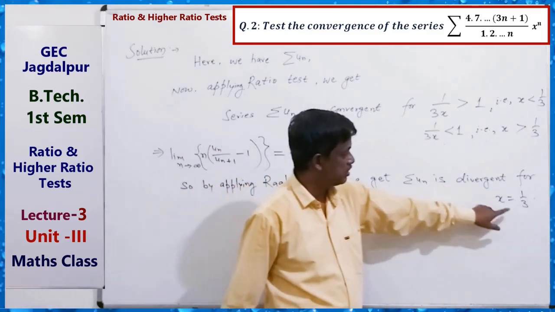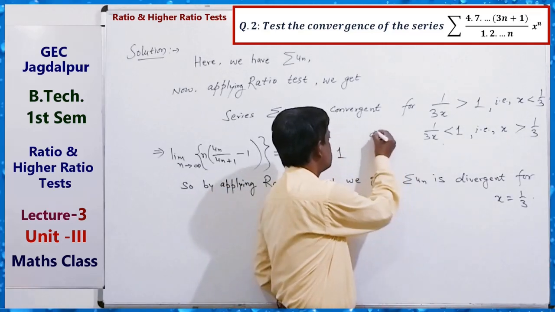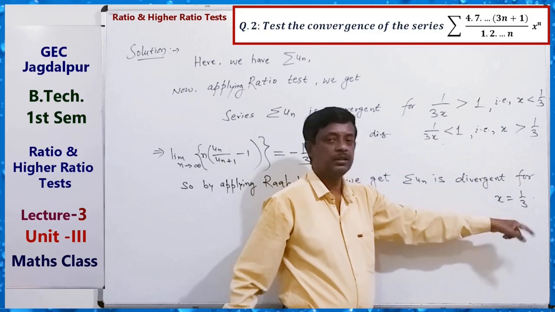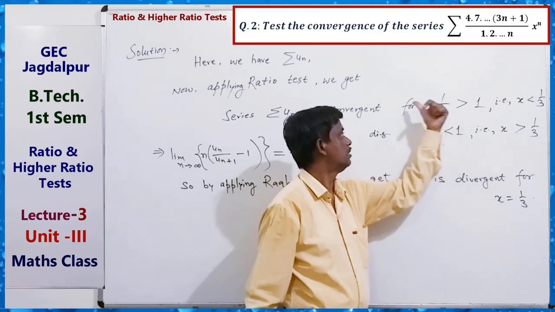So x equal to 1 by 3 is divergent, and x greater than 1 by 3 is also divergent. So greater than or equal to is divergent, less than is convergent.